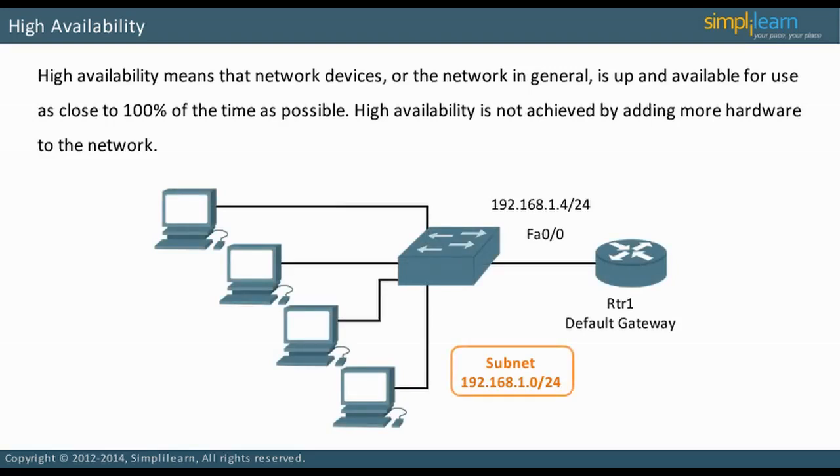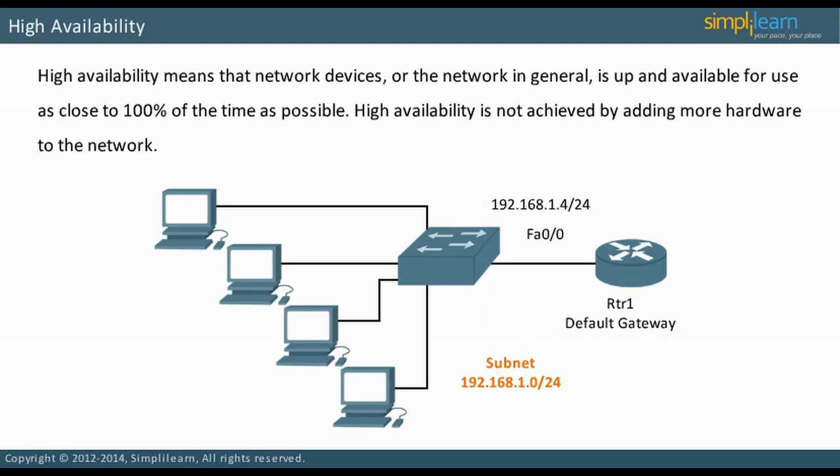In the image, all the PCs are in subnet 192.168.1.0/24. They all have a default gateway of 192.168.1.4, the FA0/0 interface of router 1. If FA0/0 fails, none of the PCs are able to reach the network.